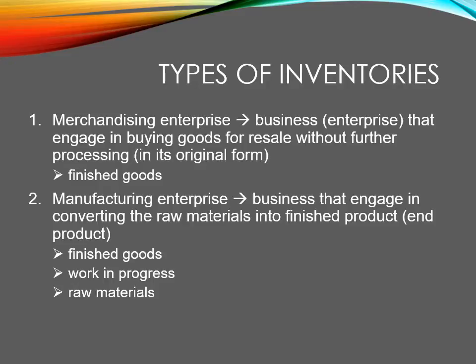So you will have the manufacturing companies or manufacturing accounts where you need to show how much is the finished goods, how much is work in progress, and also the value of raw materials. So those three are also called inventories.